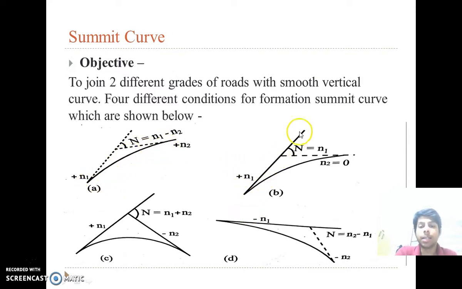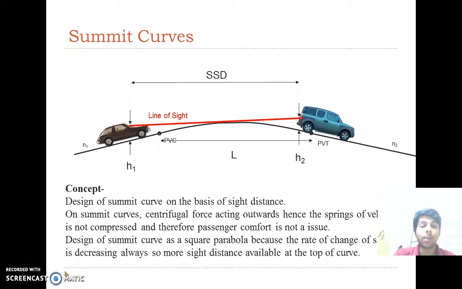When a rising gradient meets a horizontal grade, then we provide this summit curve. When a rising grade meets a decreasing grade, then we provide this summit curve, and when a straight or a decreasing grade meets a more steep decreasing grade, then we provide this summit curve. These are the circumstances of providing summit curves.